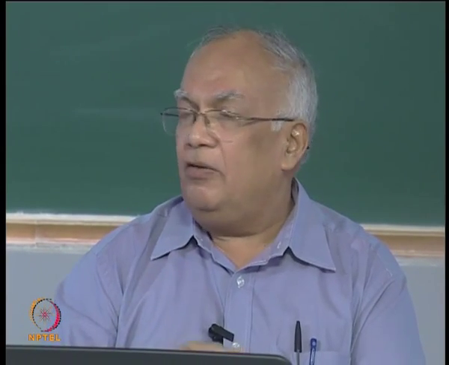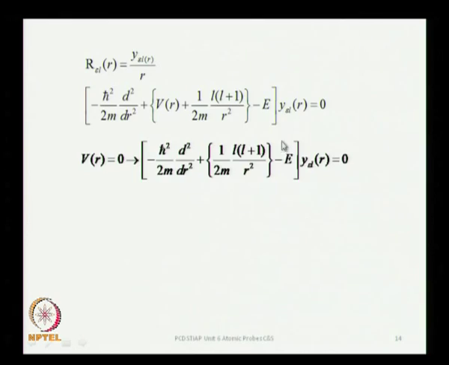So we will deal with v of r equal to 0 as a special case for which we know the solution. In this differential equation, I put v equal to 0, so I get the equation without the potential. This is the equation for the free particle. Furthermore, I take another special case in which I deal only with L equal to 0, the S waves.